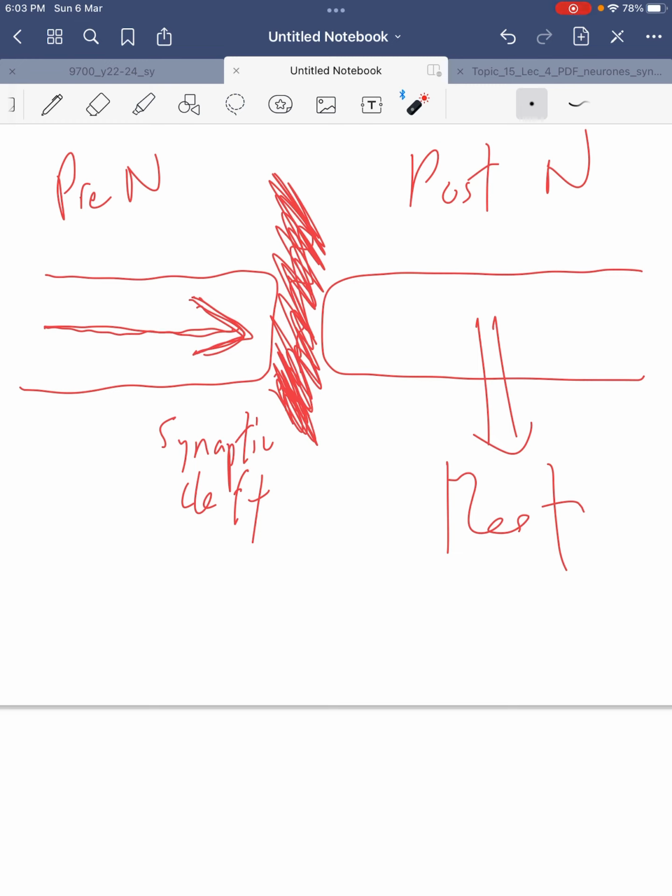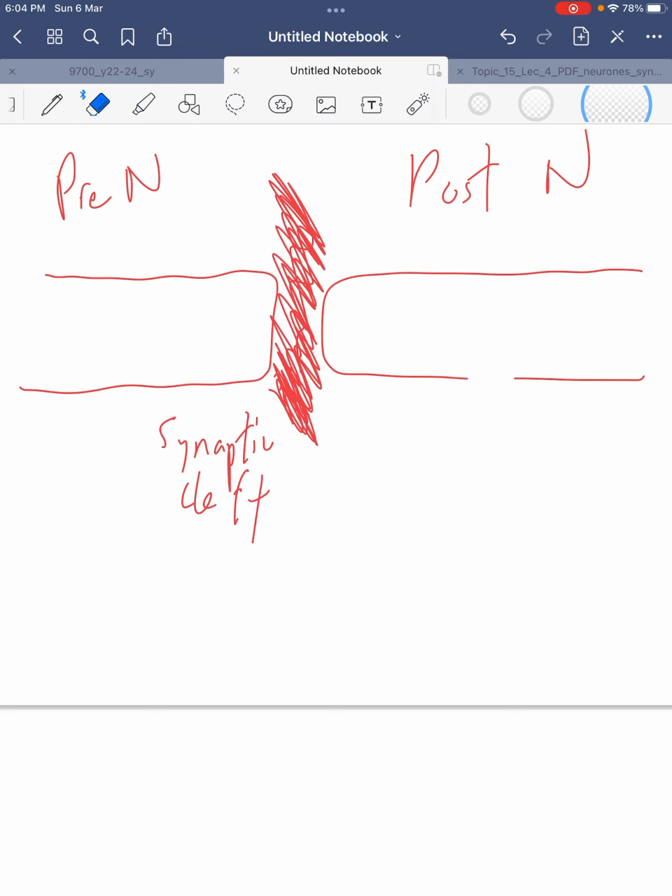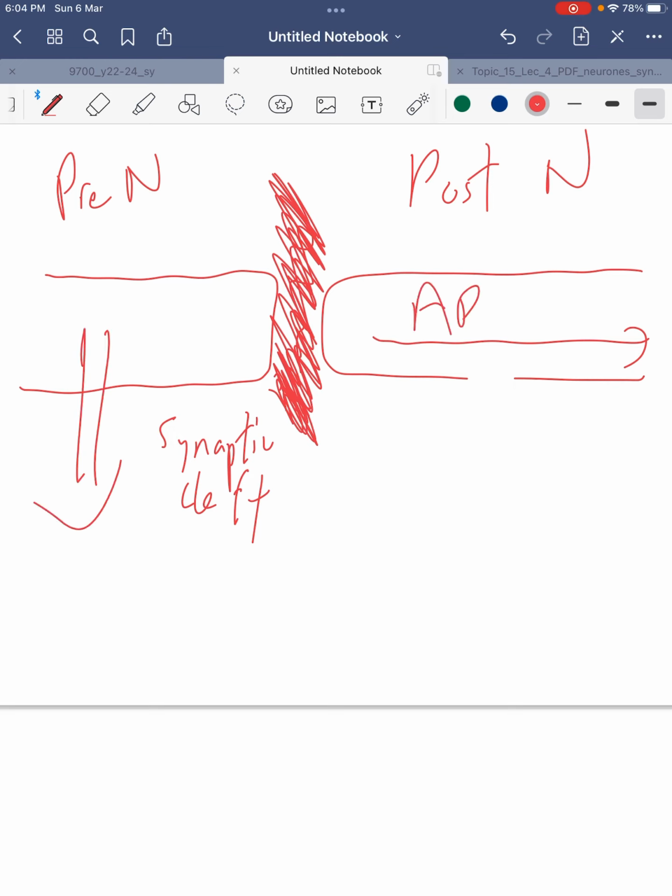So with an incoming action potential here, this neuron can rest because of the gap. Or vice versa, when action potential occurs here, this one can rest. Why? Because it will take time for the acetylcholine to be recycled back.